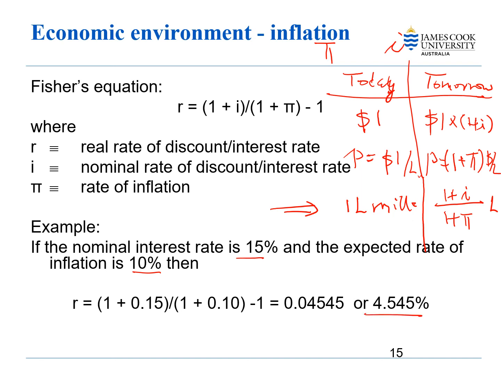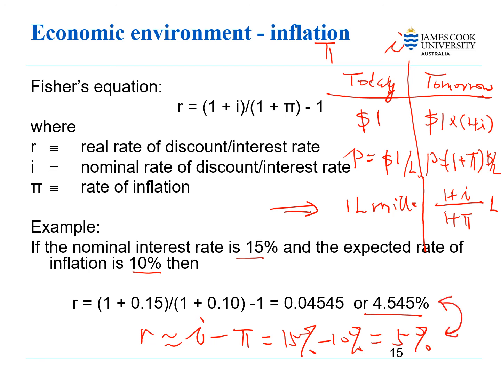We get 4.545%. Okay, let's use the approximation. The real interest rate is approximately the nominal interest rate minus the inflation rate, which is 15% minus 10%, so it's equal to 5%. So you should see there's actually a discrepancy here.